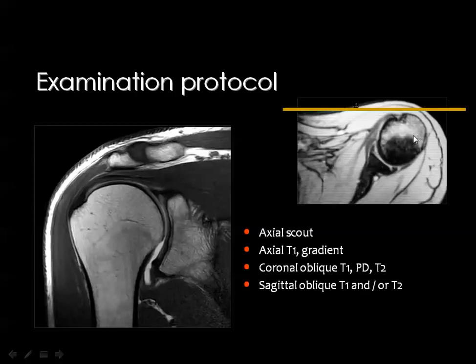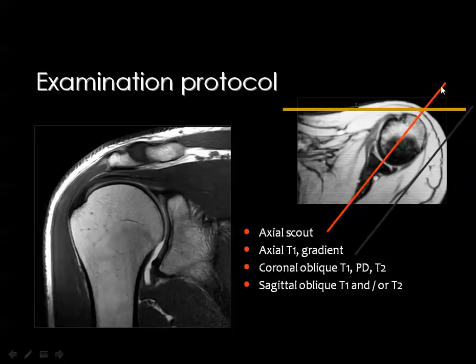Then if you want to have coronal sections, you cut from anterior to posterior or from posterior to anterior. But if you cut direct coronal, you will not see the anatomy or the pathology well. You should have an oblique orientation of the coronal, parallel to the central line of this ice cream cone.